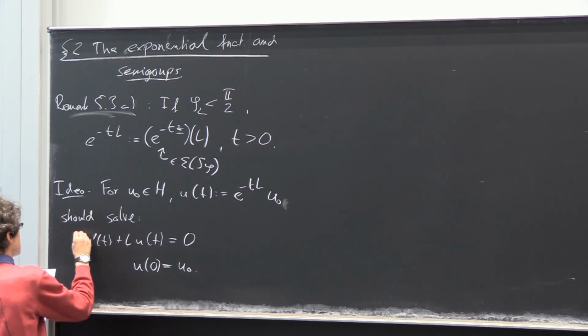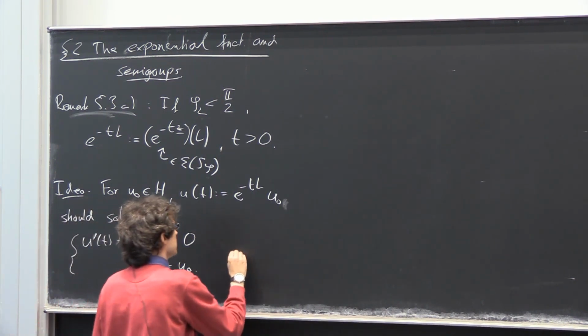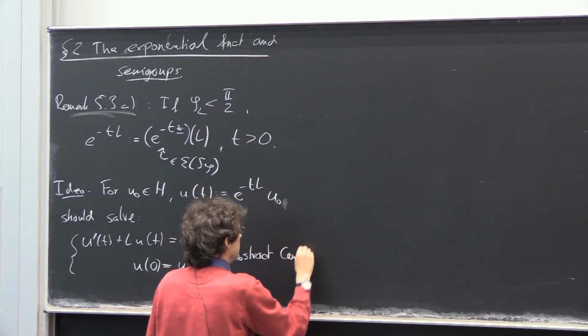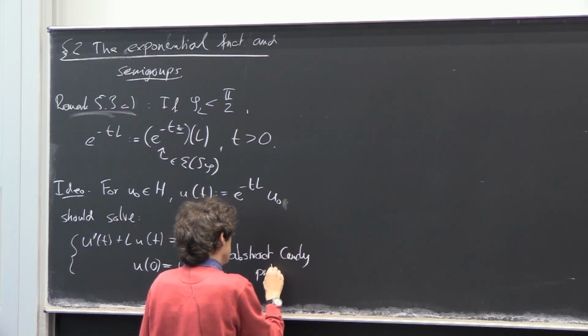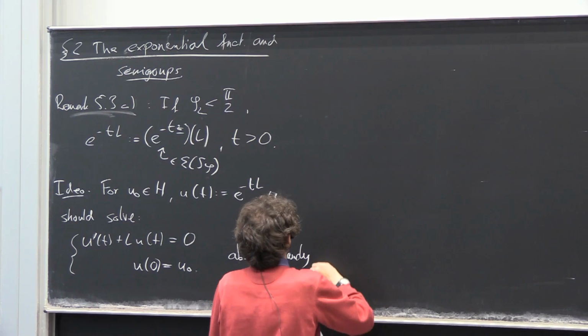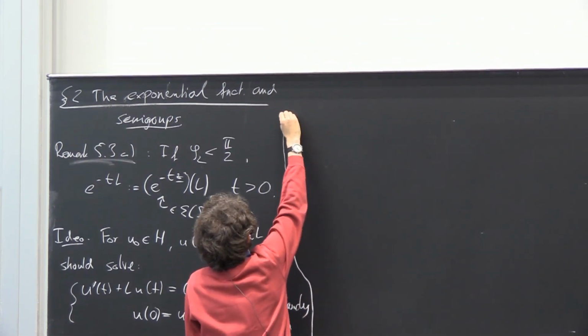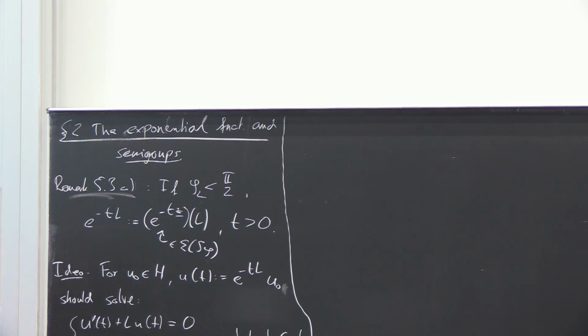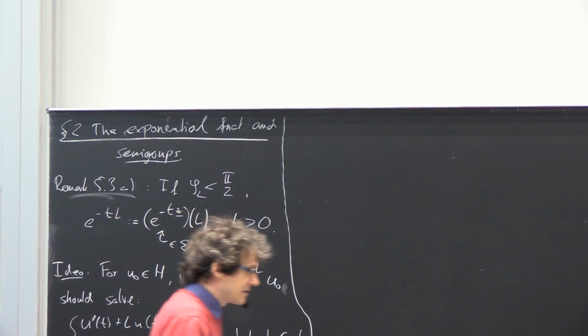So this is what is called an abstract Cauchy problem. It's a Cauchy problem from ODE, but formulated in some abstract Hilbert space H. So it's an abstract Cauchy problem. And this is not as abstract as it might seem.